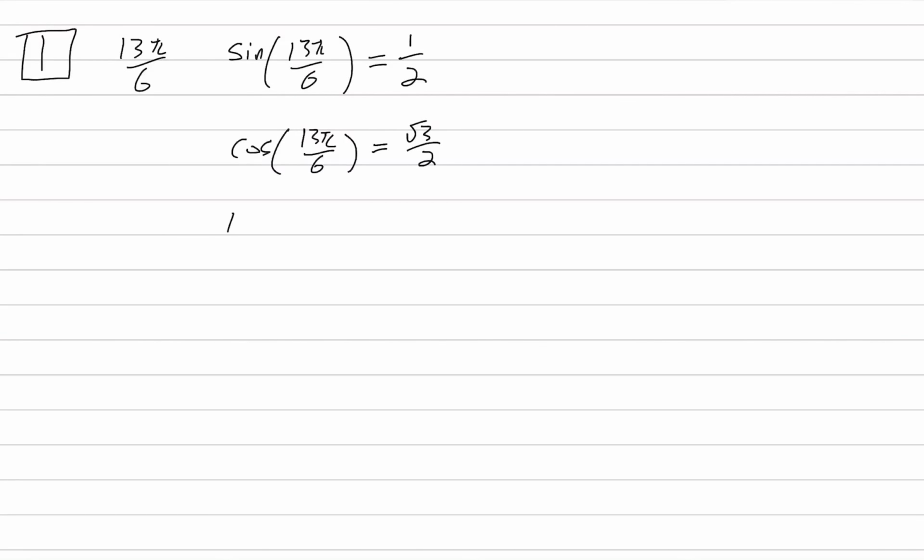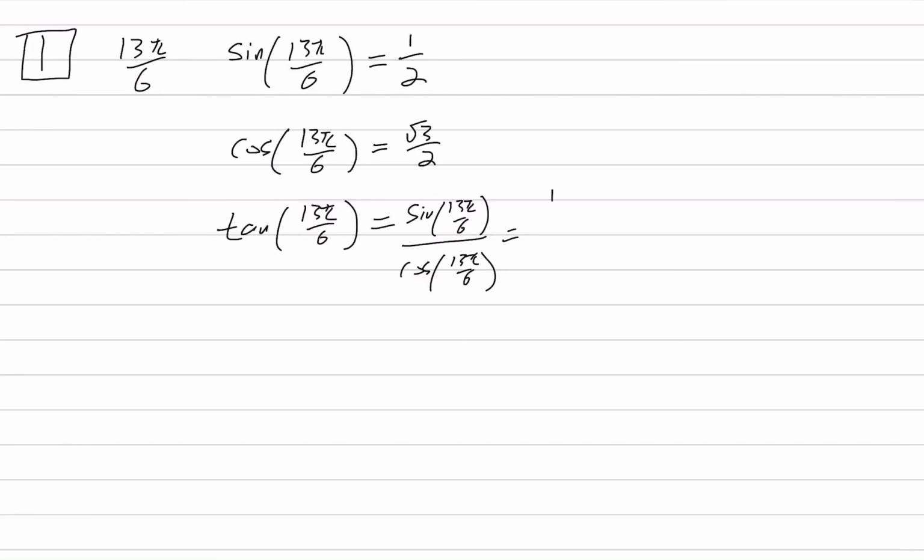And tangent of 13 pi over 6. Remember, tangent, the output is a slope, change in y over change in x. But how do you find change in y over change in x on the unit circle? We can use sine and cosine. So this is the same as sine of 13 pi over 6 over cosine of 13 pi over 6, which we already found on the top.